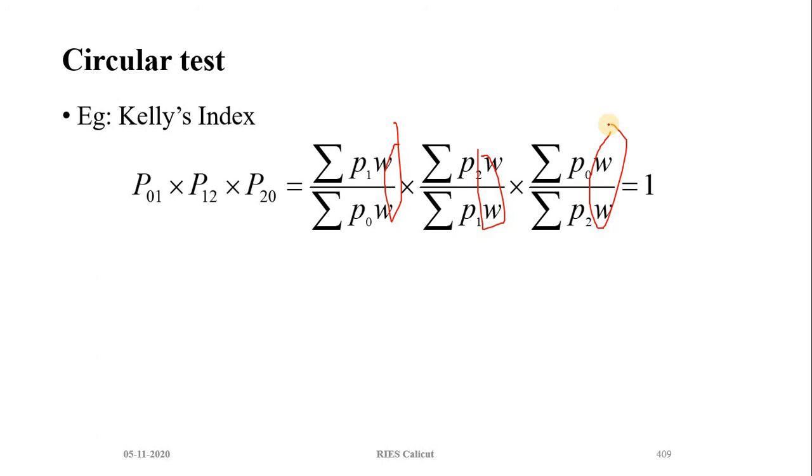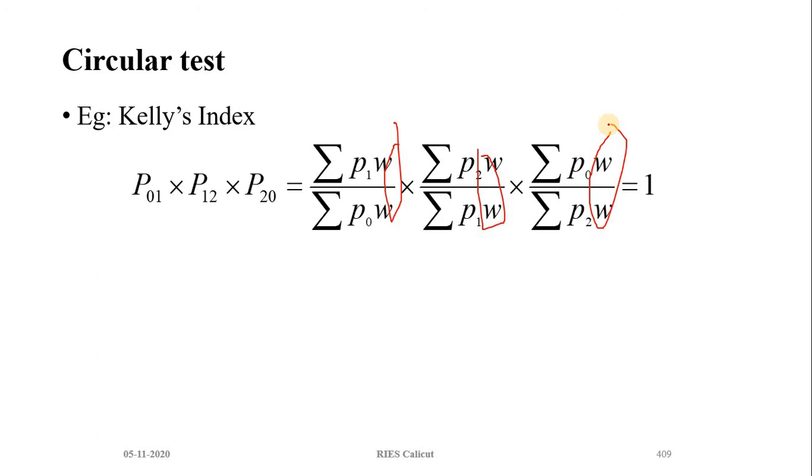We consider the base period and current period, then in the next step, we consider the earlier base period as the current period and the earlier current period as the base period. We change the base into current and current into base, multiply these two index numbers, and we should get 1. If you get 1, then this test is satisfied.